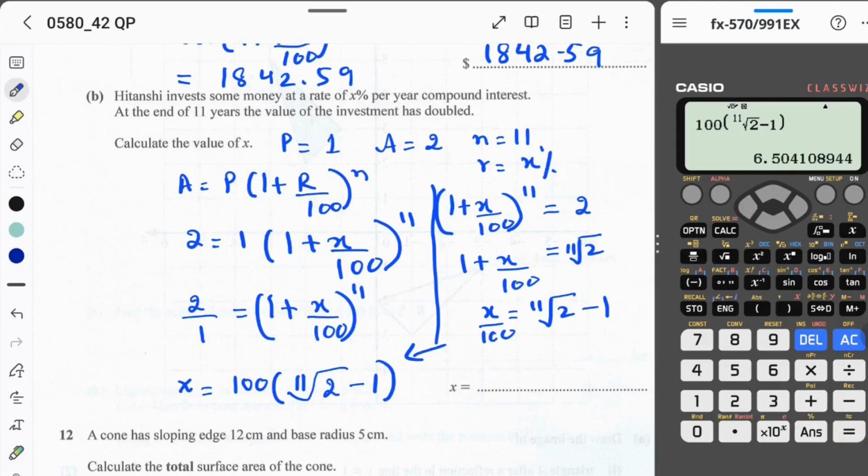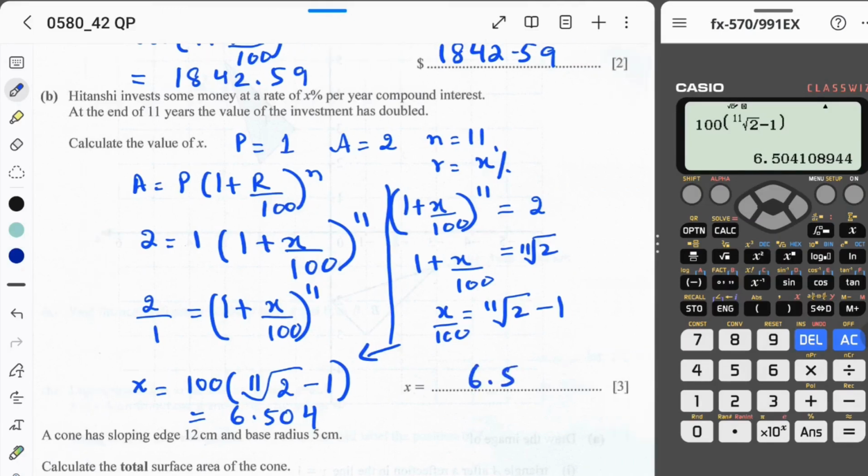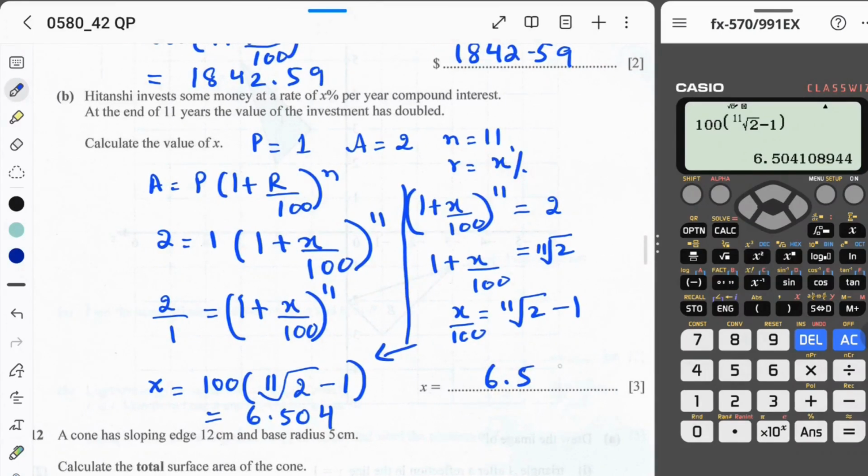It gives 6.5041. So you can write down 6.504, so 6.5%. X is equal to 6.5%.